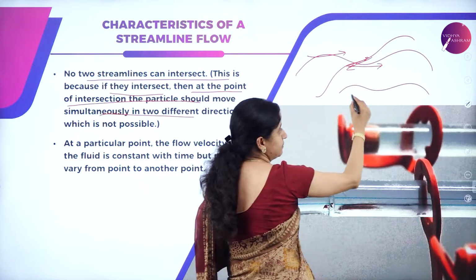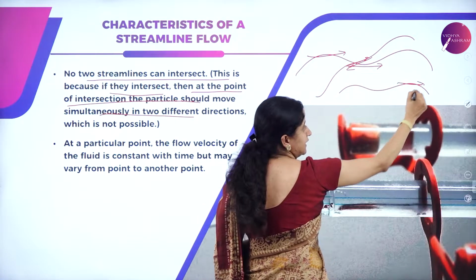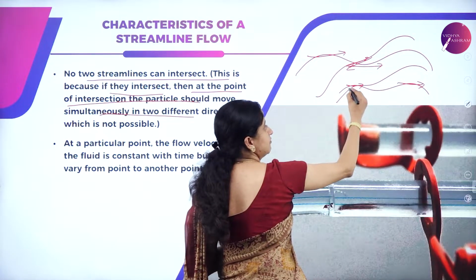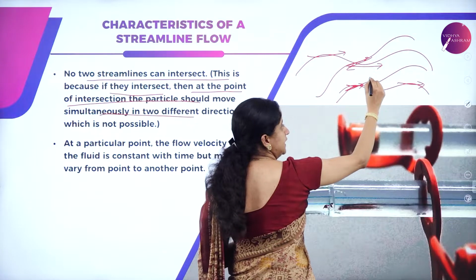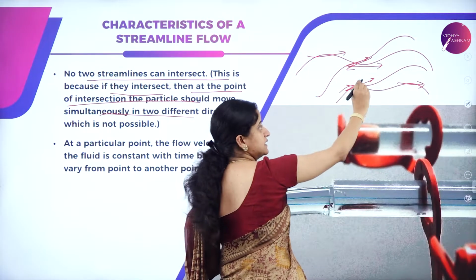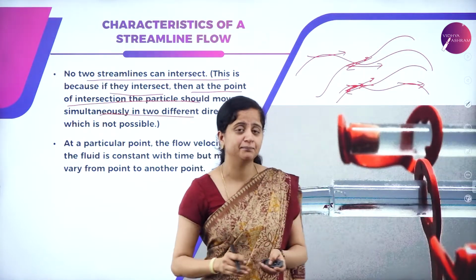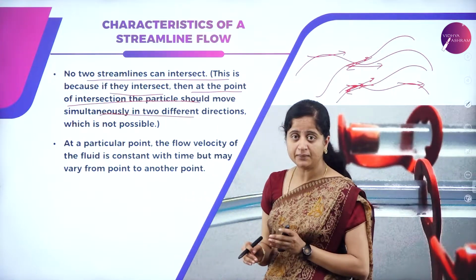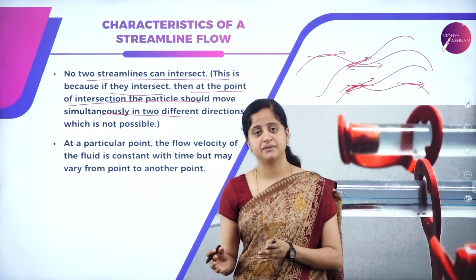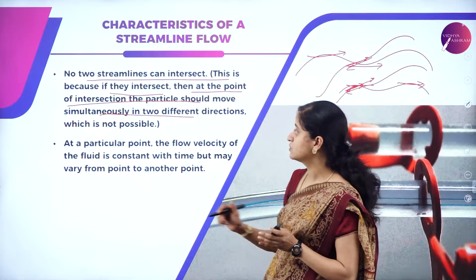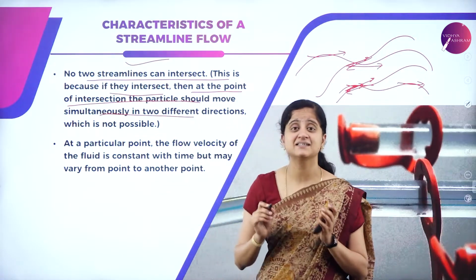I'll show one more example. This is the flow of a particle. I can write the direction like this, and if I consider one more streamline which is intersecting at this point, it can move in this direction, or it can move in this direction, which is practically impossible. So if they meet at one point, the direction of flow must be in two different directions, which is not at all possible practically. So no two streamlines can intersect each other.